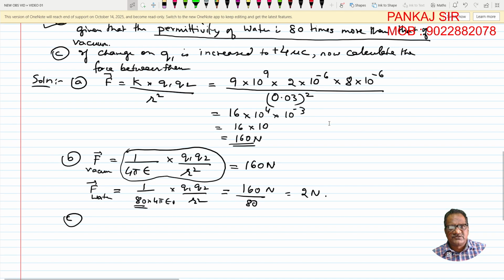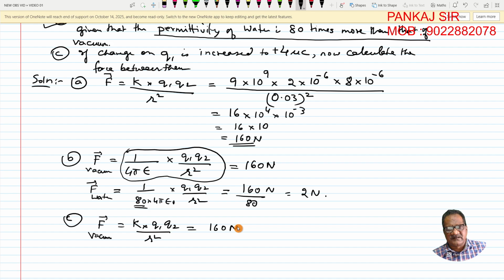If the charge Q1 is increased to 4, now what happens? Here also we are going to use the same formula, F is equal to K Q1 Q2 on r squared. In the case of vacuum we got the value as 160 Newton.